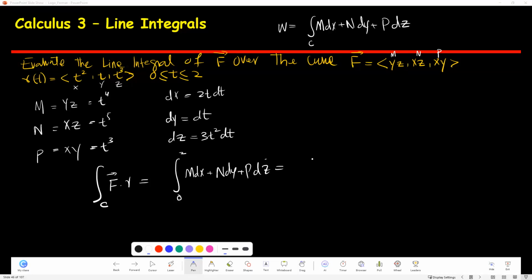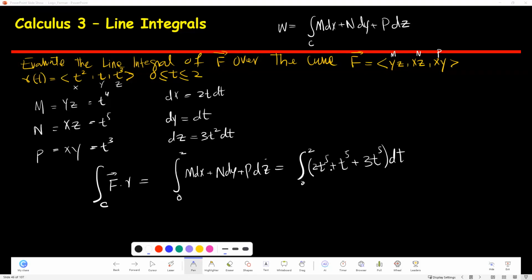So let's substitute the values, 0 to 2, plus 3t^5 and then dt.